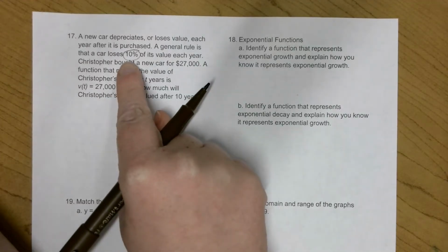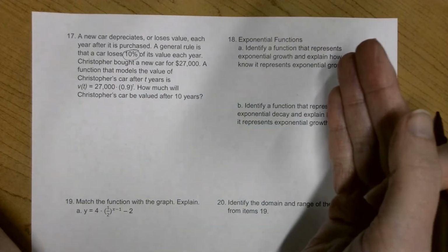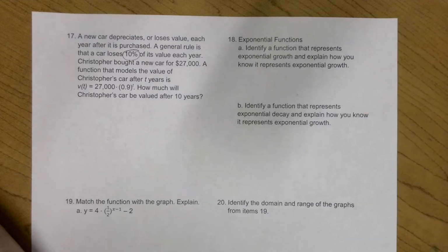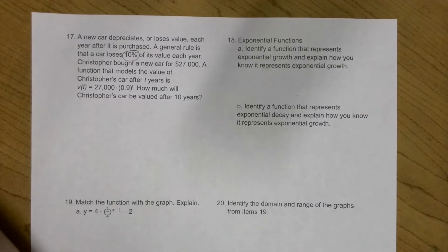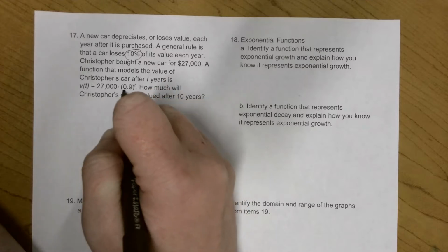It loses 10% each year, which means it's now worth 90% of what you paid for it. You're subtracting that 10% out of the 100% it was worth. So that's where this 0.9 comes from.